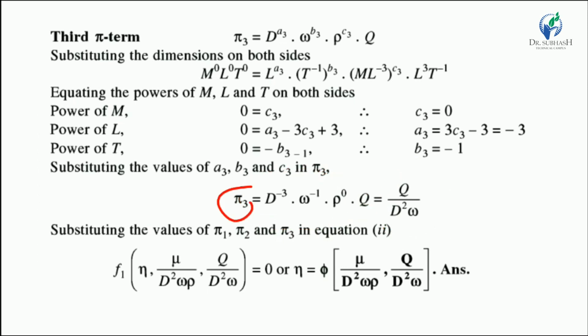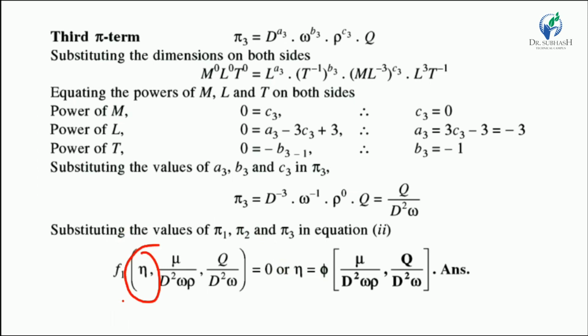So pi3 is equal to Q upon d square omega. So all three pi terms we have found. The first equation is a function of pi1, pi2 and pi3 equal to 0. Putting in the values of pi1, pi2 and pi3, the function of efficiency, mu upon d square omega rho, comma, Q upon d square omega, is equal to 0.